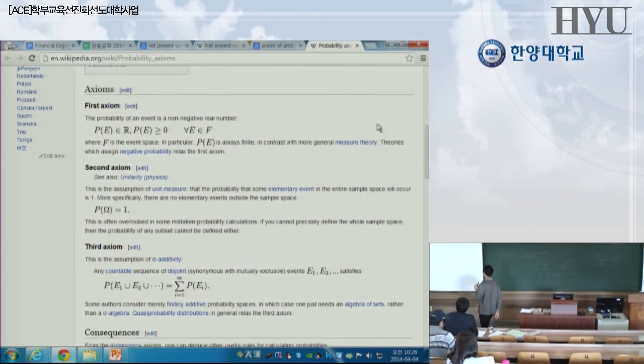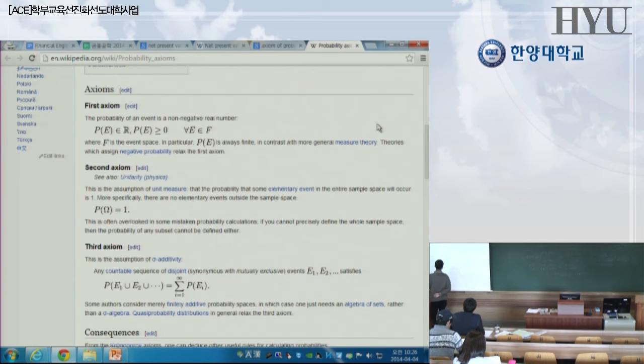The third one is that if there are events like E1, E2, and they are mutually disjoint, like drawing a coin, okay? If we draw a coin, it should be either head or tail, right? We cannot have a state in which we have both head and tail. It is impossible, right? So we have two disjoint states.